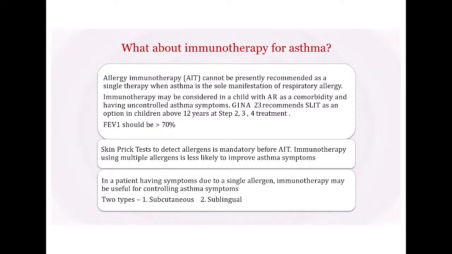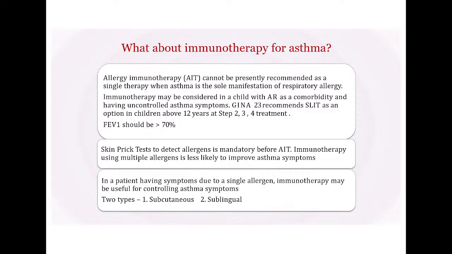But the spirometry findings should be almost normal, not normal, but in a relatively better shape. So FEV1 should be more than 70%, and skin prick test is mandatory to identify the allergen against which we have to give the sublingual immunotherapy. Basically, we are giving the antigen in increasing doses to sensitize the child against these allergens.